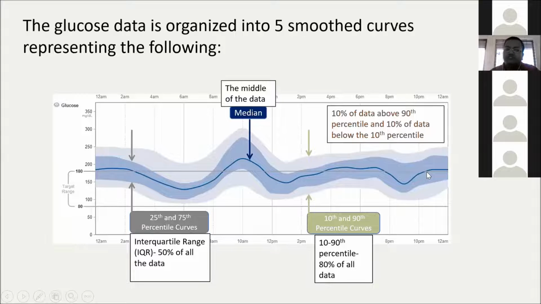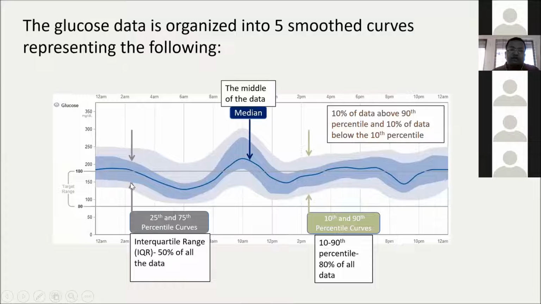If glucose is measured by this instrument every 15 minutes for a period of 14 days, and at least 70% of this data is captured, recorded properly, so this graph, if generated, shows that the average or the median is this blue dotted line. Now you can see a darker blue part which is shown here amongst the green with the green arrows.